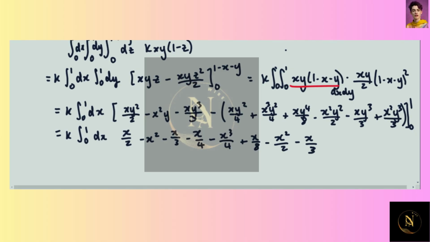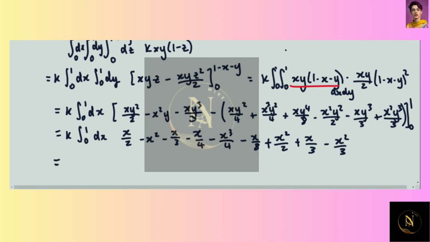Sorry, I should be careful with my pluses and minuses here. So minus x cubed over 4. Then we should have minus x over 8 plus x squared over 2 plus x over 3 minus x squared over 3.